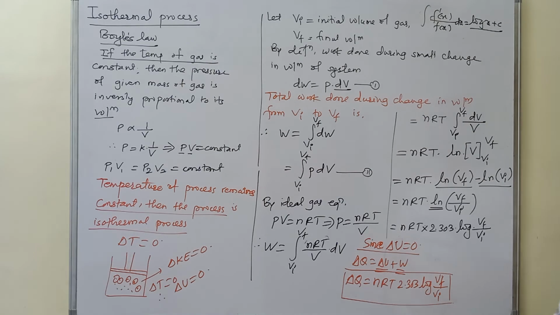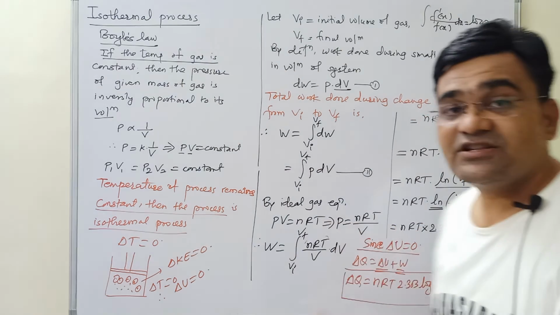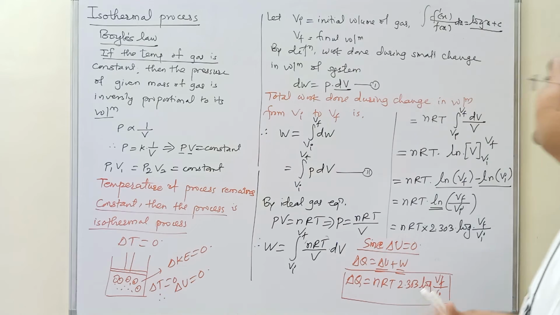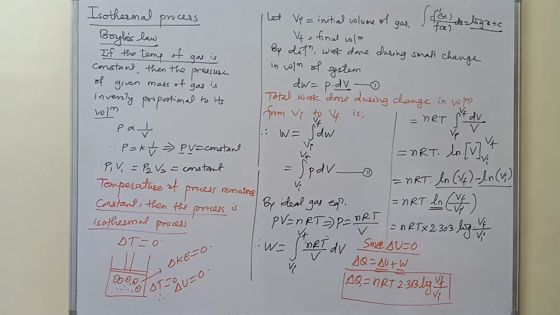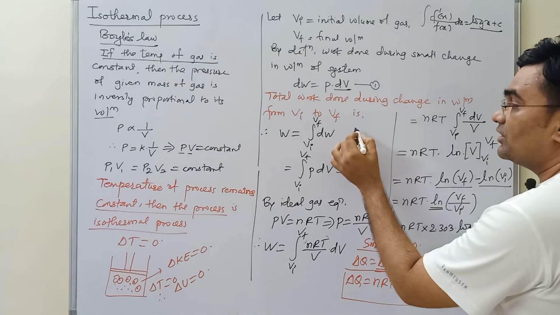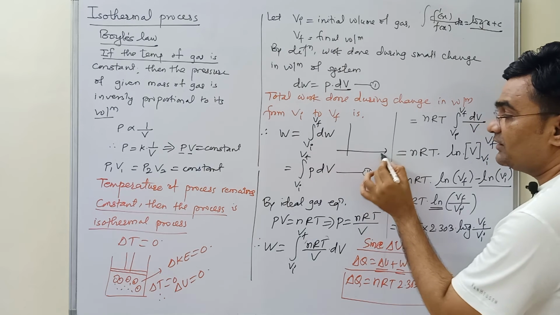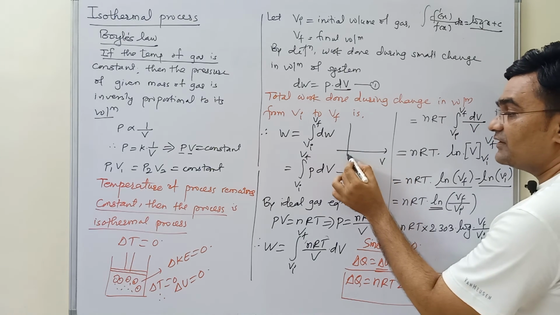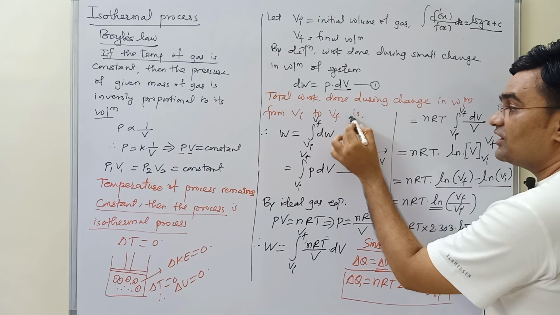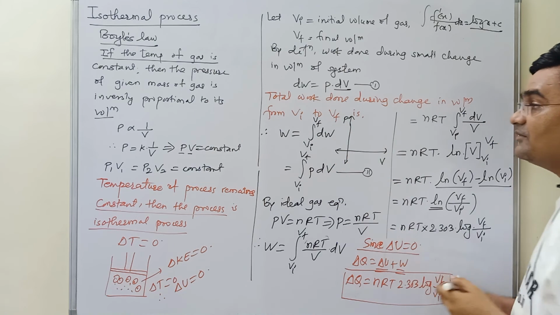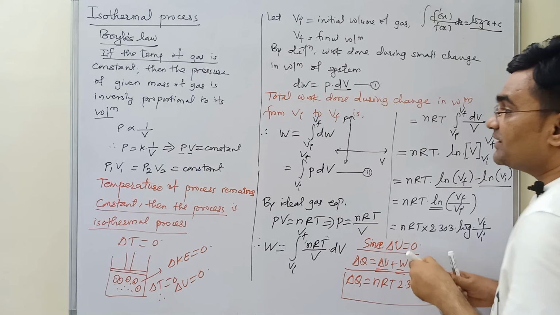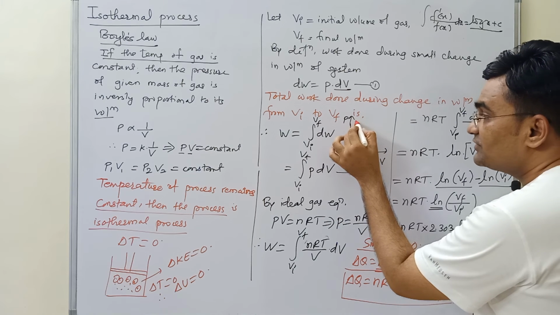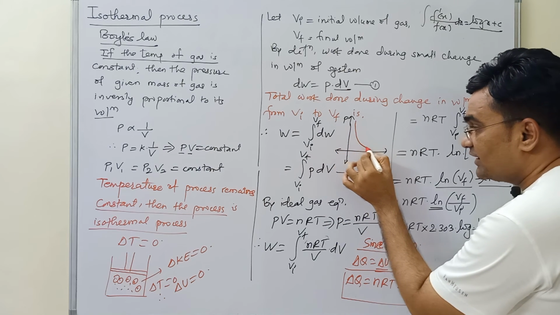Now, if I plot the graph of pressure versus volume, that is the PV diagram for this, I will just plot a short graph. Volume along the x-axis and pressure along the y-axis. Initially pressure is less and volume is more, and then it goes on decreasing.